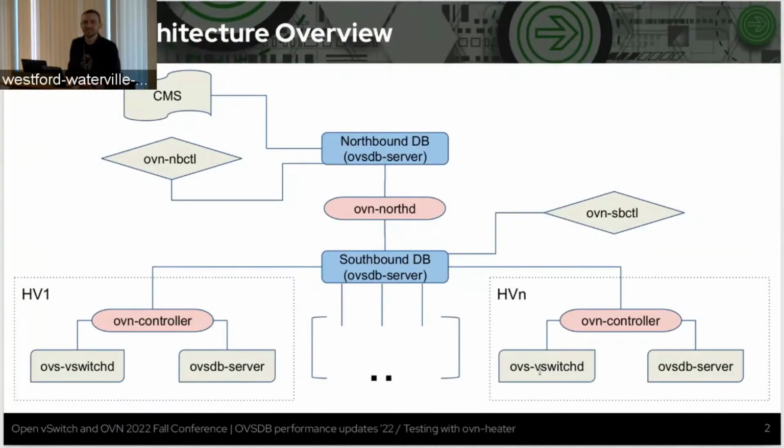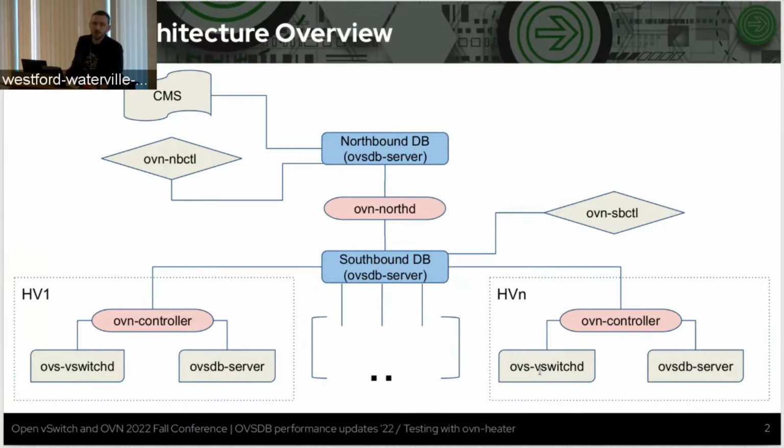The first slide was just to take a brief look at the overall OVN architecture. I'm just reusing it from last year. What we have in OVN is a few central components like the northbound database, OVN NordD, and the southbound database, and a bunch of nodes or hypervisors. On each hypervisor, we have an OVN controller, which is controlling the local OVS vSwitch and programming flows.